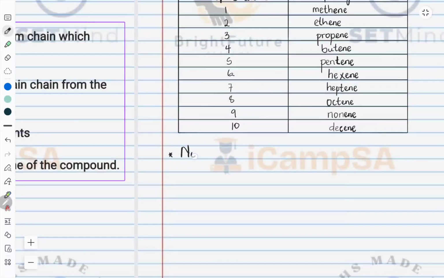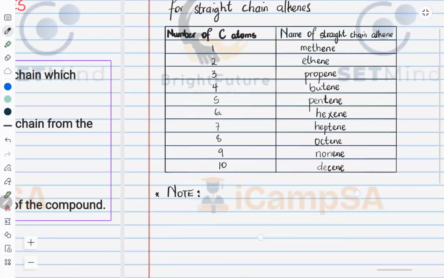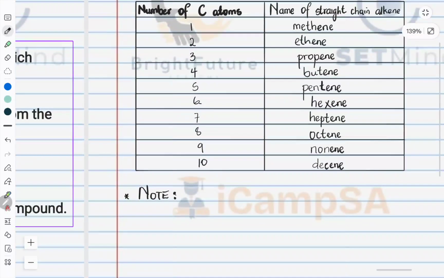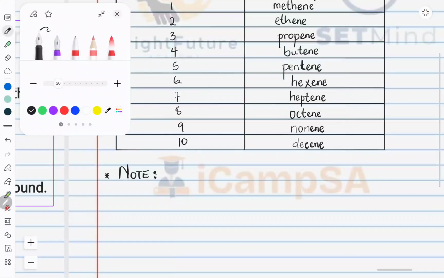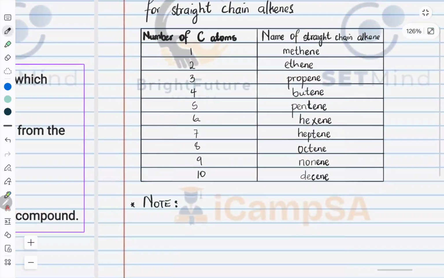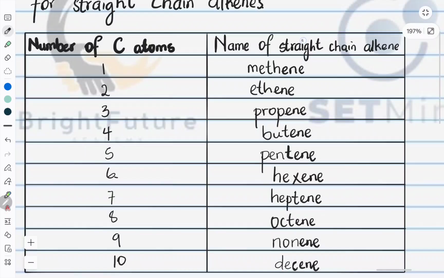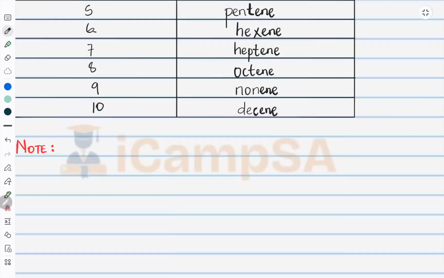But note that you will not always find straight chain alkenes after propene. So we would instead use these names for the long continuous chain in a branched alkene.